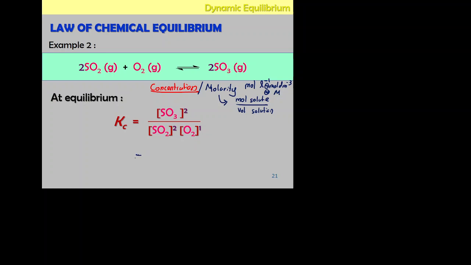Another way is to put in mole per dm cube, squared, over mole per dm cube squared, and then mole per dm cube to the power of 1. If you look, we can cancel out the units.